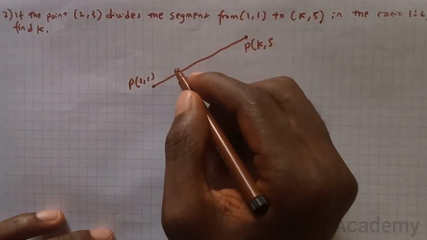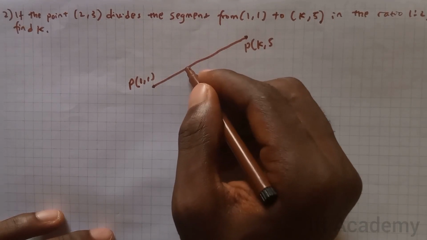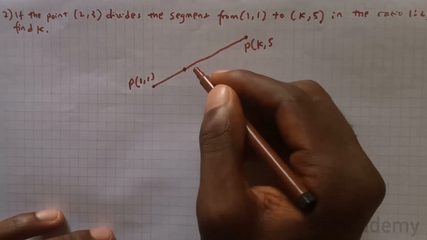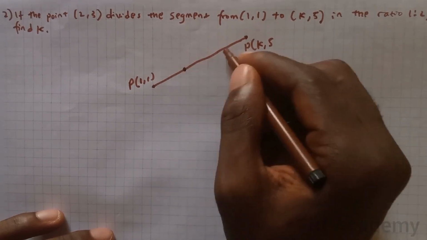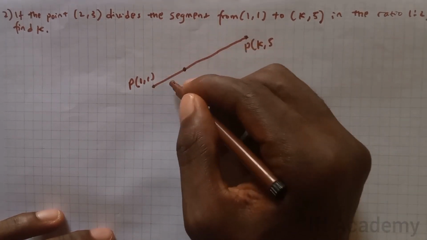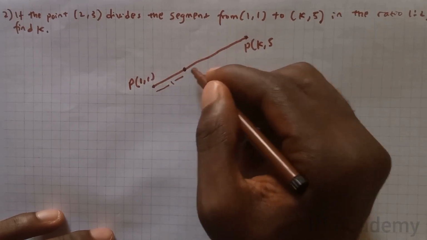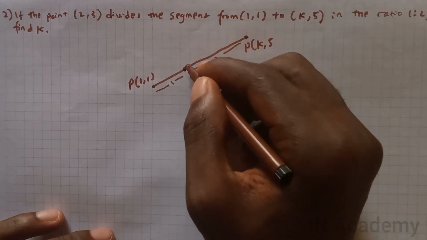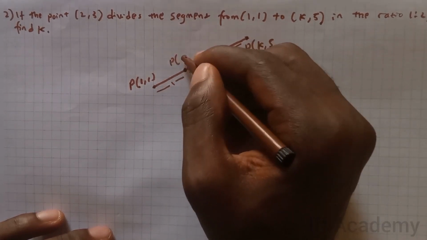Now, we have a point that divides this line in the ratio 1:2. So if I mark the point out here, it means that the length from this side to this side is twice this side. So this is 1:2. Now the coordinate of this point from the question is given as (2, 3).